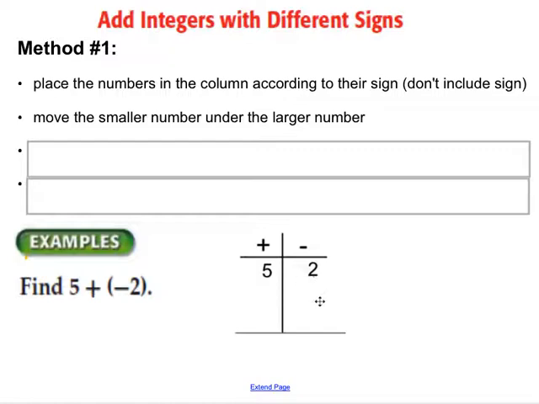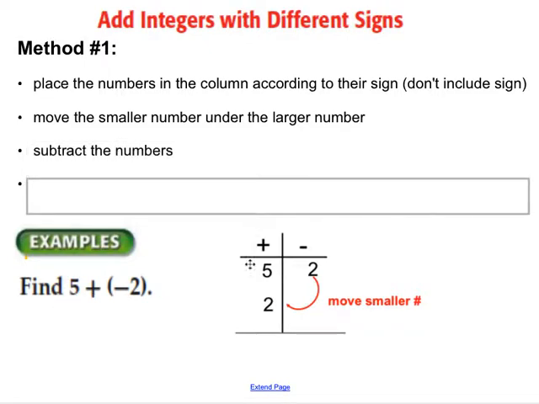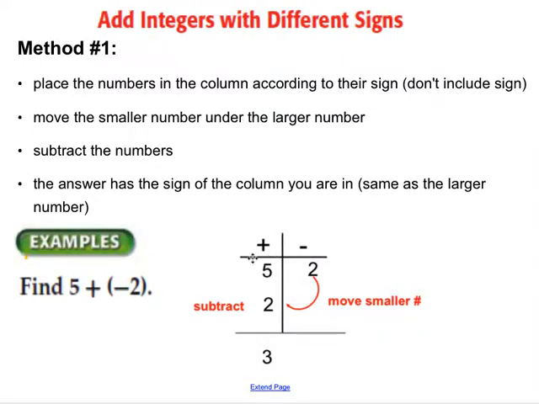So 2 is smaller than 5, so it moves. And when we move the number, then instead of adding the numbers, we will now subtract the numbers. So when we subtract 5 and 2, we end up with the number 3. And lastly, we keep the sign under the column we're in, so this is going to be a result of a +3.